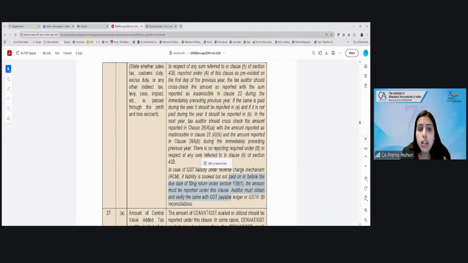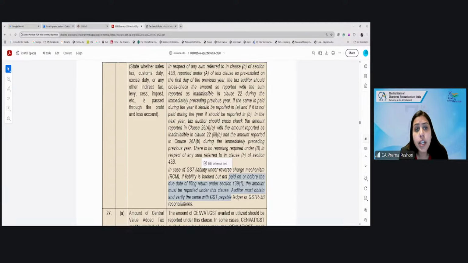Okay, so here you have to put all the liabilities of the opening balances as well as those incurred in the current year. So if these are liability incurred during the previous year other than the MSME payments, that should be reported under point B. Because in respect of the MSME payment, if it is in the opening balance, then you can report it in this particular clause.